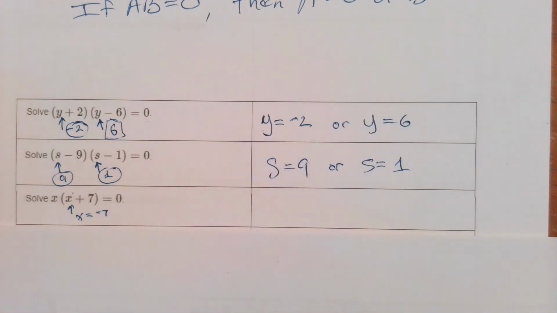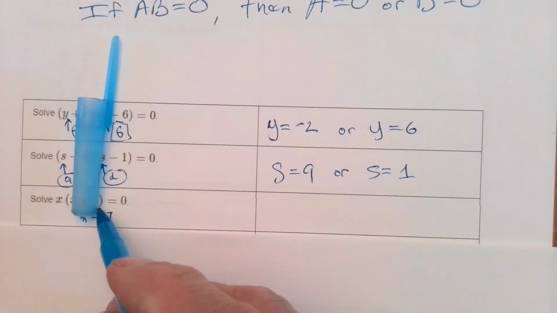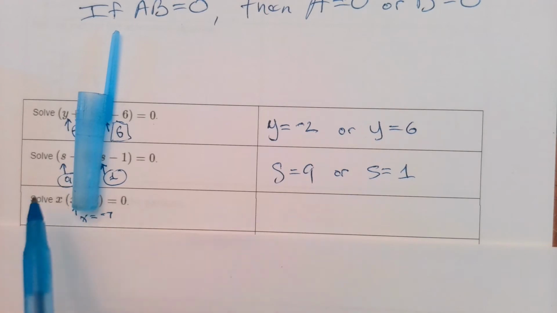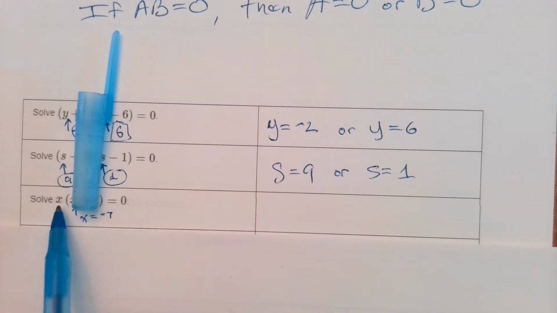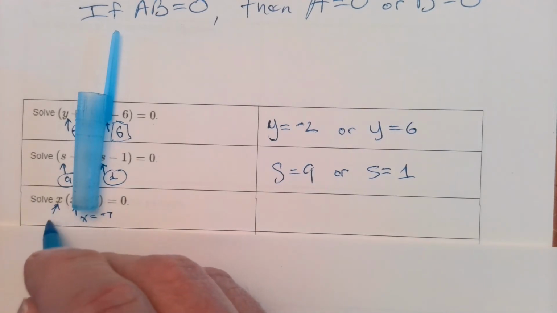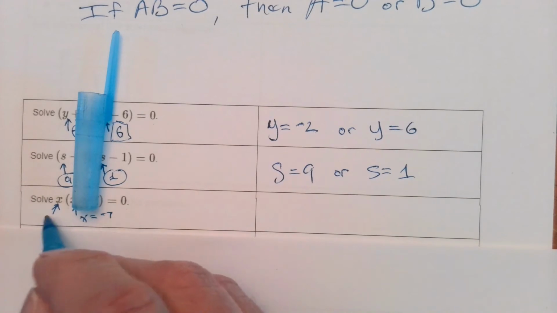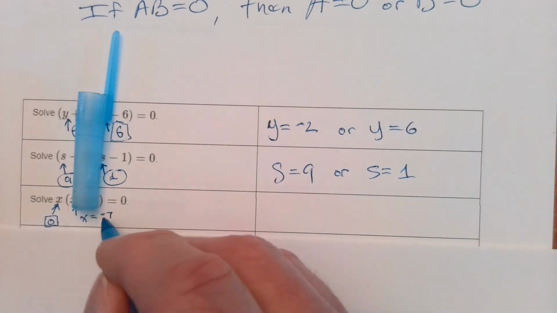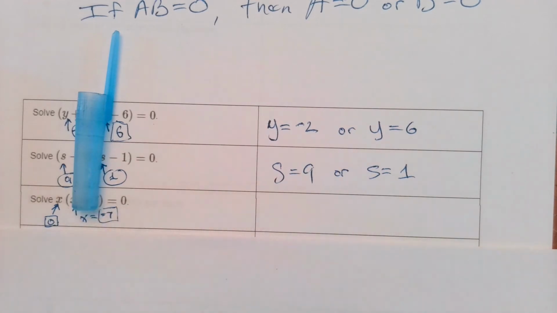But it could also be the case that the other factor is 0. So this basically tells you what the answer is. The other answer is x equals 0. So we have two answers. We have two roots. We have two solutions. They are negative 7 and 0.